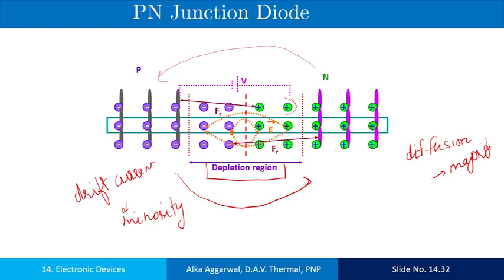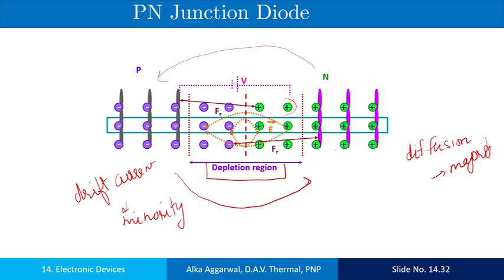As the diffusion continues, the width of the depletion region increases and the strength of the electric field across the junction also increases. Hence, the drift current increases, and it continues till the diffusion current becomes equal to the drift current, which is the equilibrium state of the p-n junction. That is, at equilibrium, diffusion current is equal to the drift current.